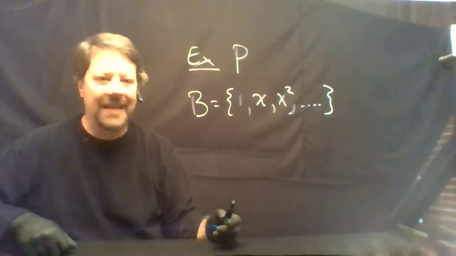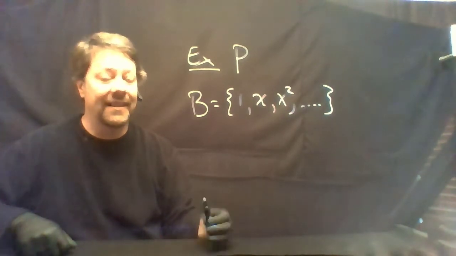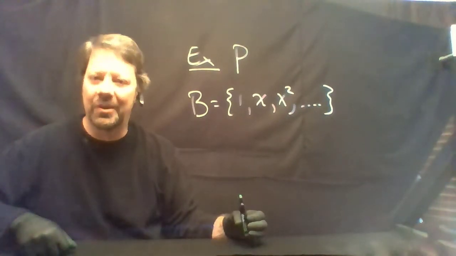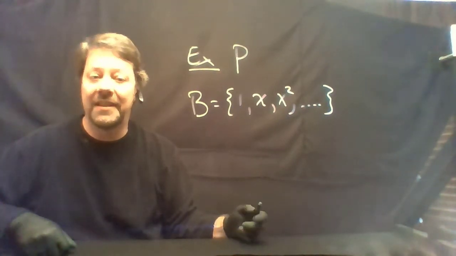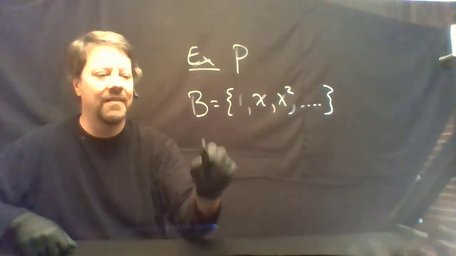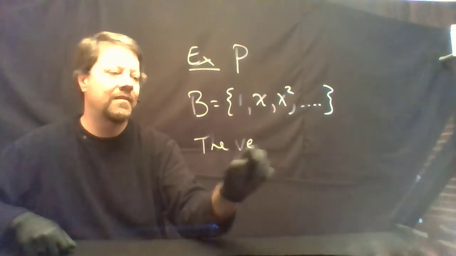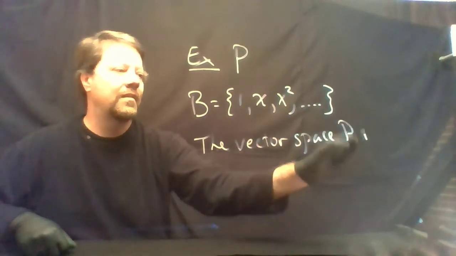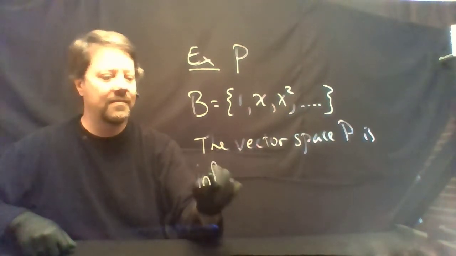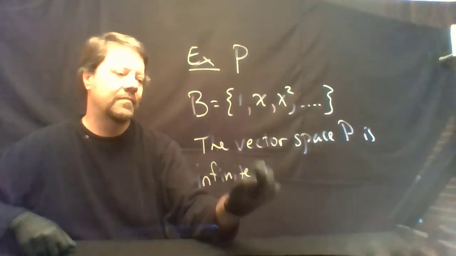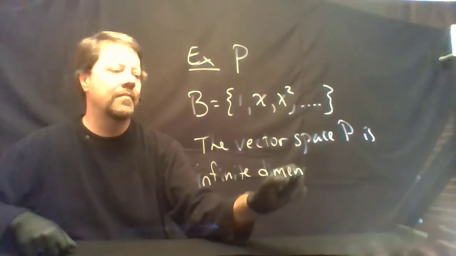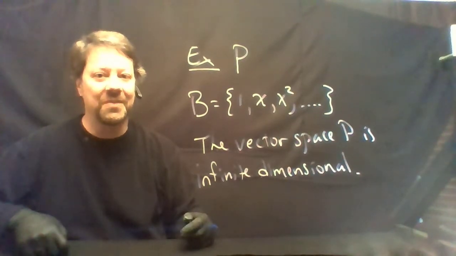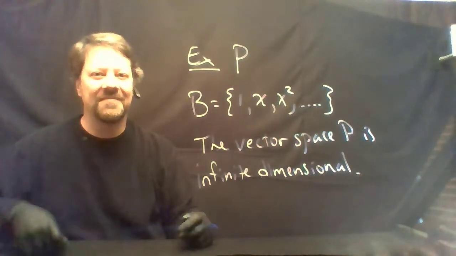If a vector space is not finite dimensional, then it is infinite dimensional. The vector space of polynomials is infinite dimensional. And there are many other vector spaces that are infinite dimensional.